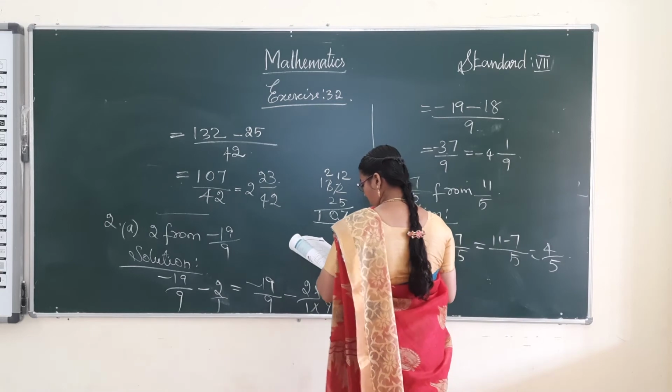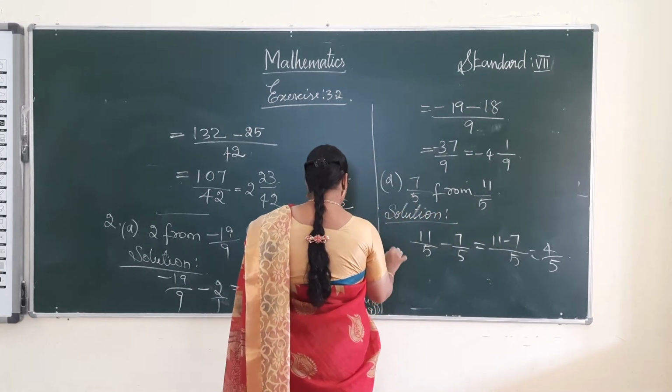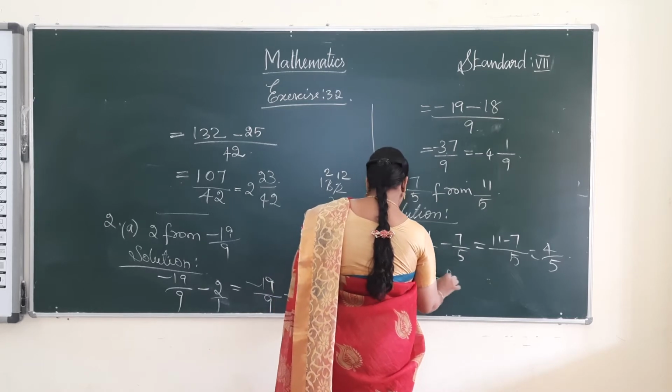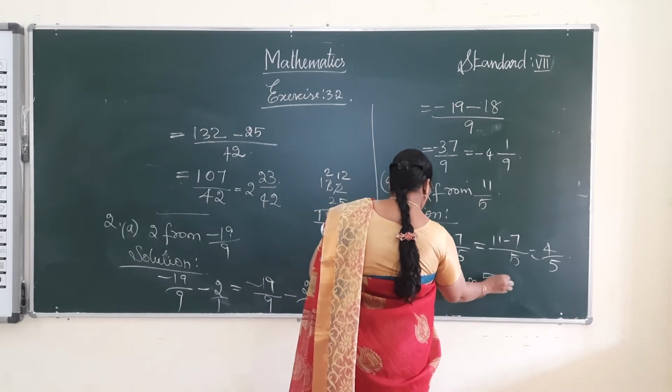Next one, F: subtract minus 6 by 21 from 5 by 63.